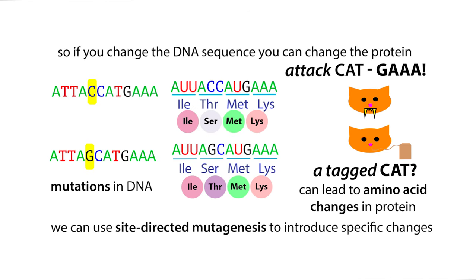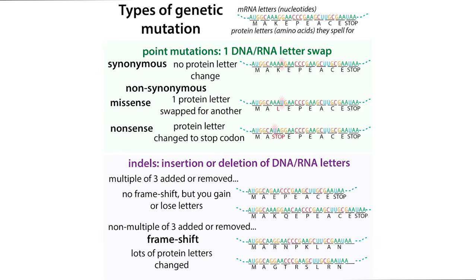So sometimes what happens is that if you make a change to the code, so if there's a mutation, like the mutation that you're introducing using site-directed mutagenesis, you can change what actually gets made. But not always. Some mutations are what we call synonymous. They change the spelling at the DNA level, but it still makes the same protein because of that redundancy, and there are multiple codons that code for the same thing.